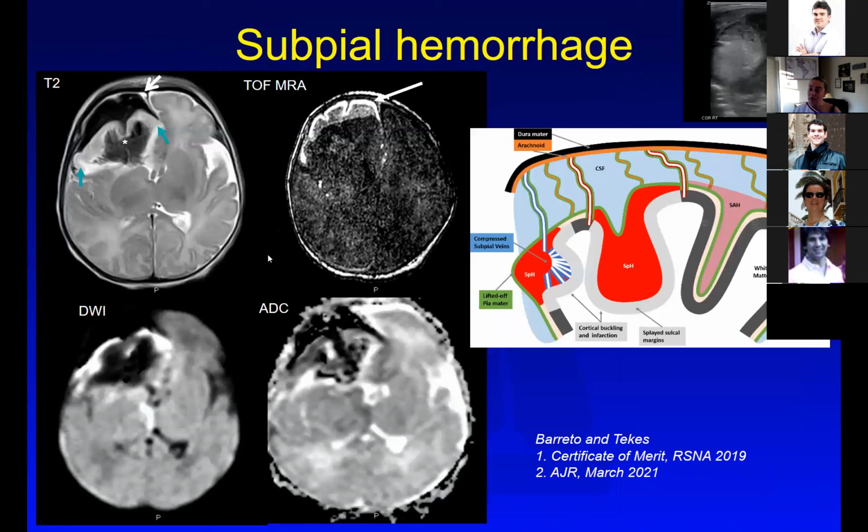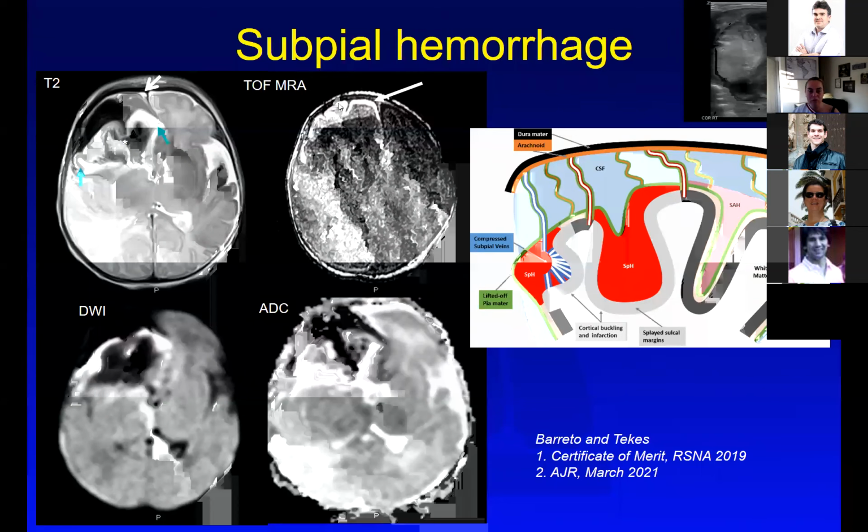And what we see on the MR, on this T2 weighted image, for example, you can see the cortex. You can see the subpial space closely attached to the cortex. The pia is elevated, and this time of flight MRA shows the pia very nicely, and the elevation and the blood collection underneath.